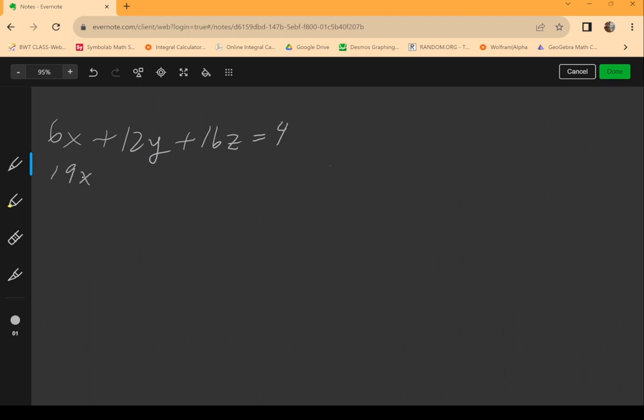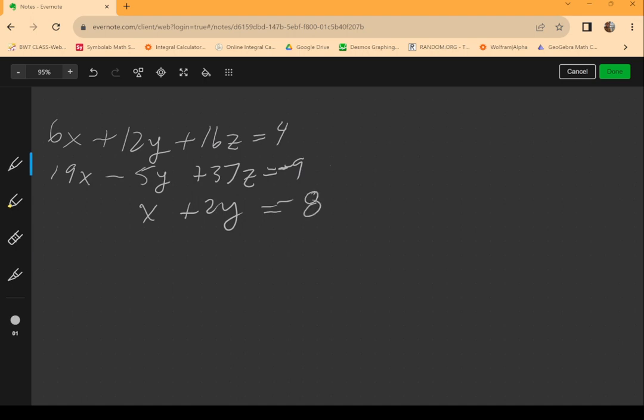And then 19x minus 5y plus 37z is equal to negative 9. And here we'll have x plus 2y equals negative 8. It's a little sloppy there, excuse me.